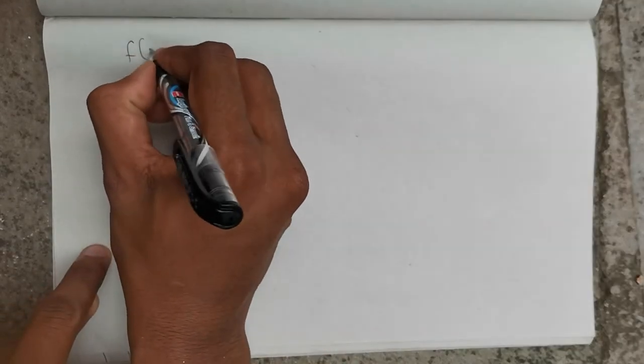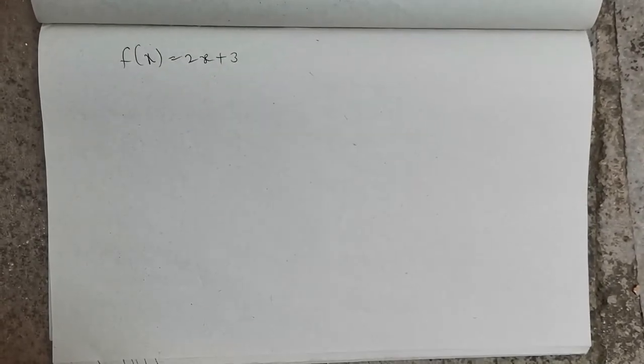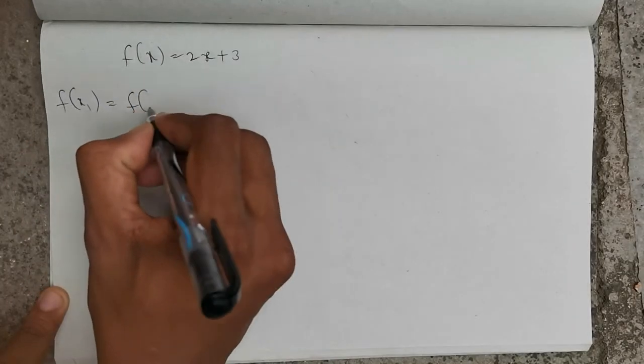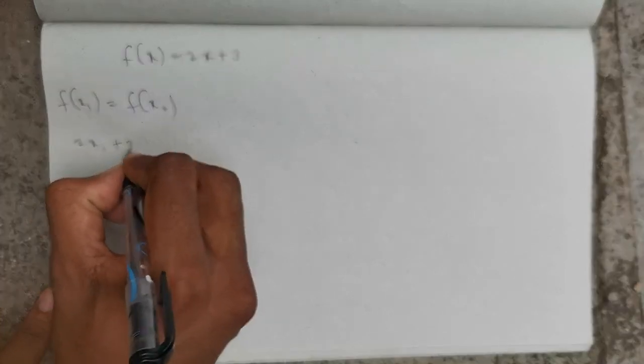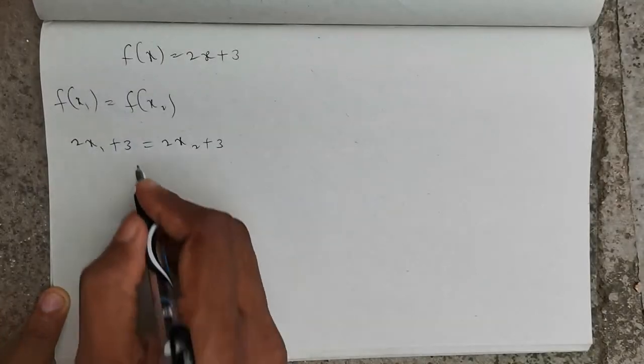Okay, in our textbook he gave one example. f(x) = 2x + 3. Same again, let us check whether it is bijective or not. First we need to check whether it is one-one or not. So f(x1) = f(x2). 2x1 + 3 = 2x2 + 3.